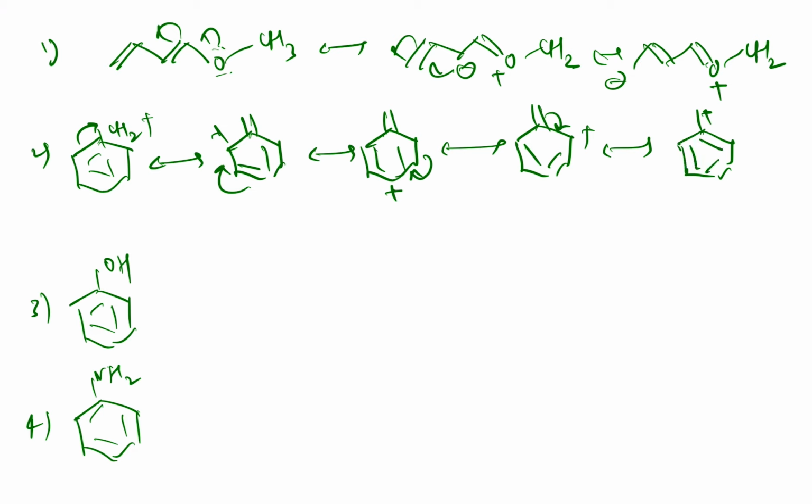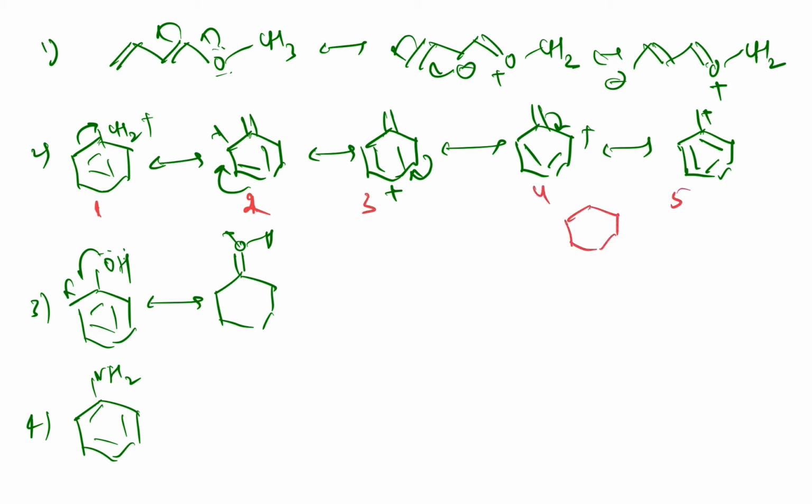Now when we have a lone pair, it will go on this side, OH positive. So how many resonating structures do we have over here? Here we have 1, 2, 3, 4, 5 resonating structures.